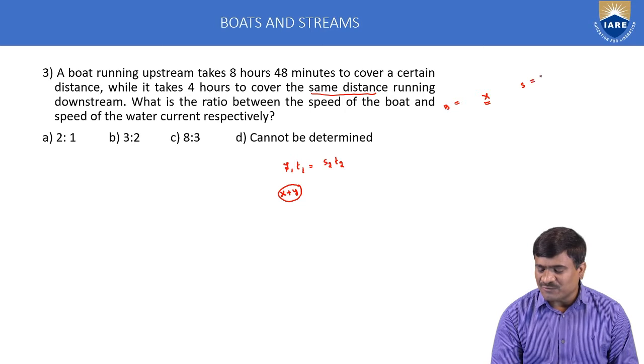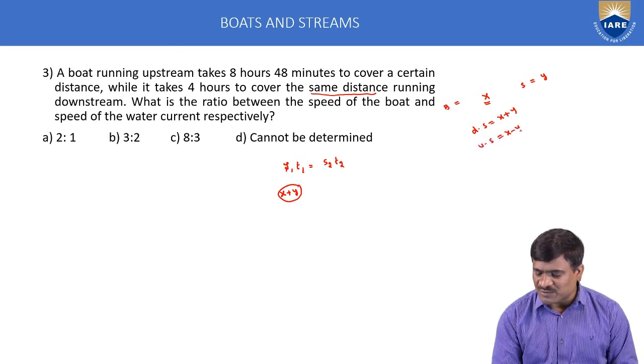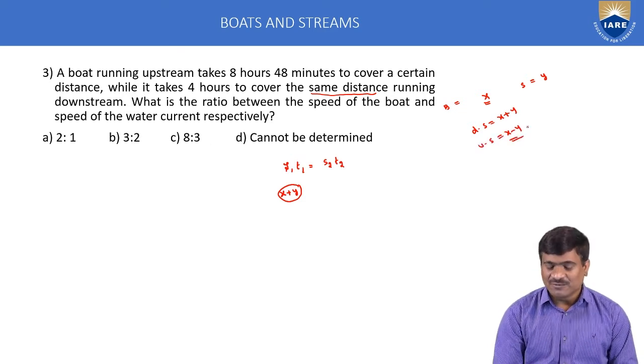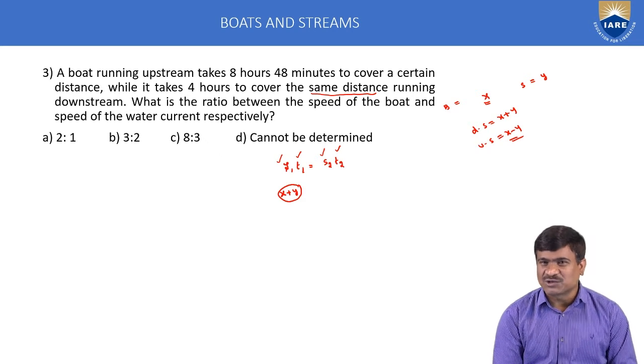Then the speed of downstream is equal to x plus y, and the speed of upstream is x minus y, where S1 indicates downstream and T1 indicates downstream time, S2 upstream, T2 upstream time. Now substitute into S1 T1 equals S2 T2, where S1 is x plus y and S2 is x minus y.